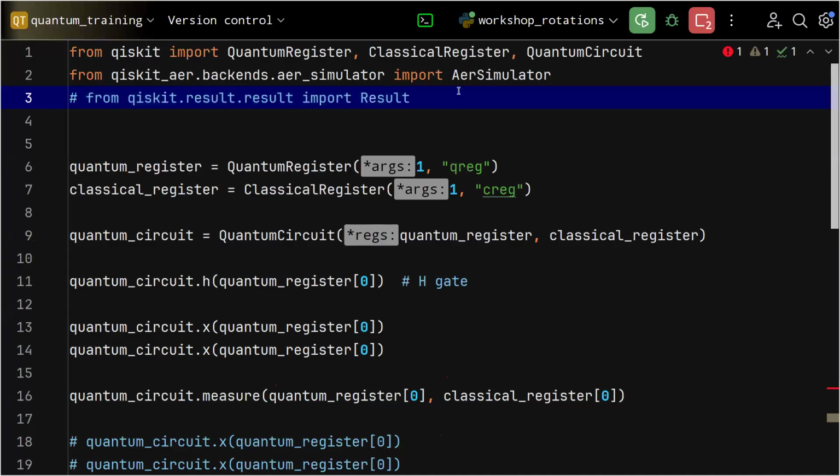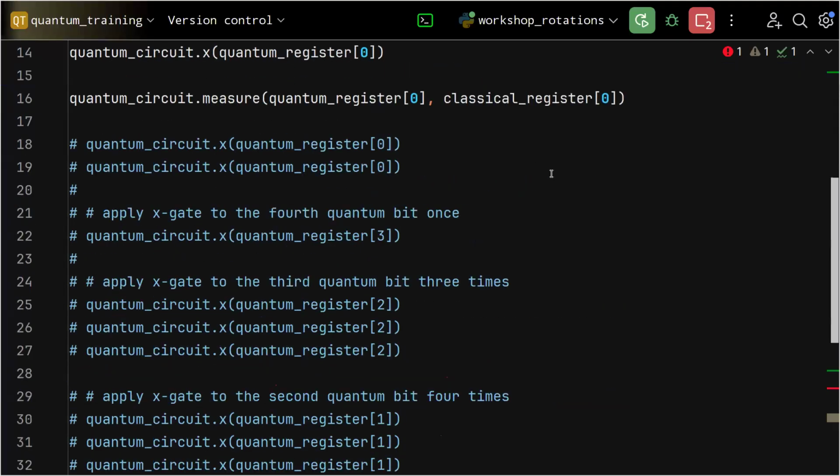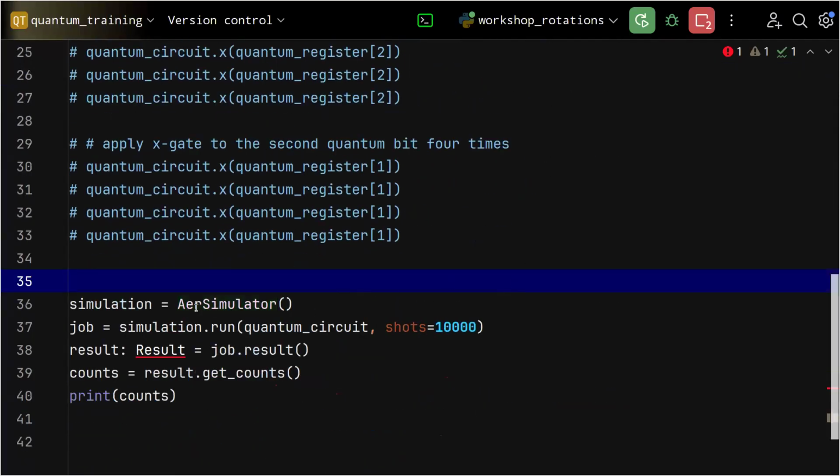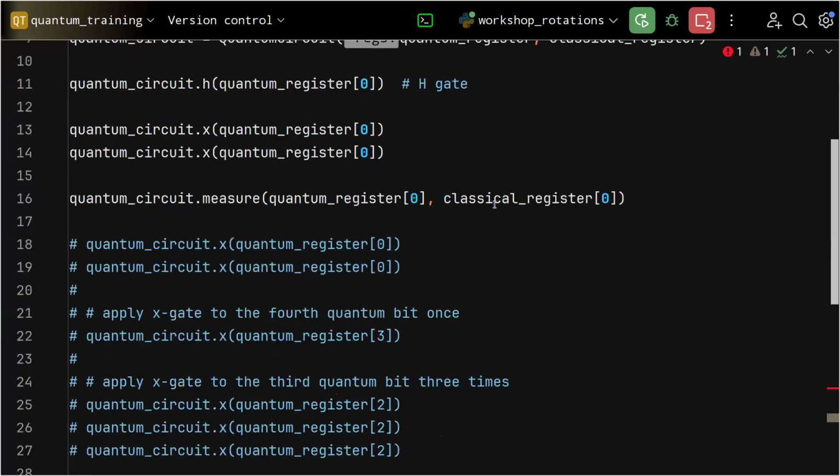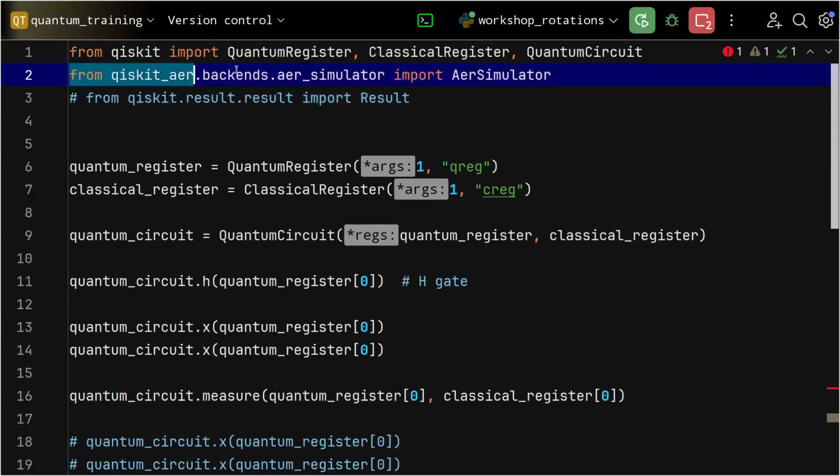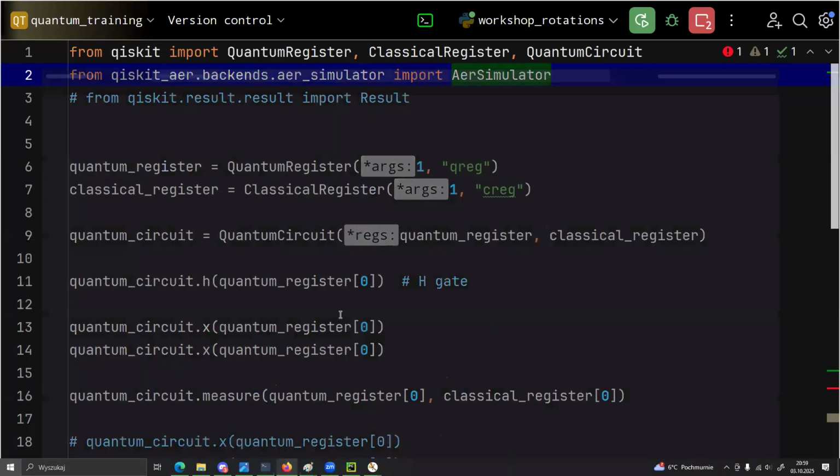In the basic thing, for the Aer simulator, I need just to import it from qiskit_aer.backends, AerSimulator. This is the new way of doing this.